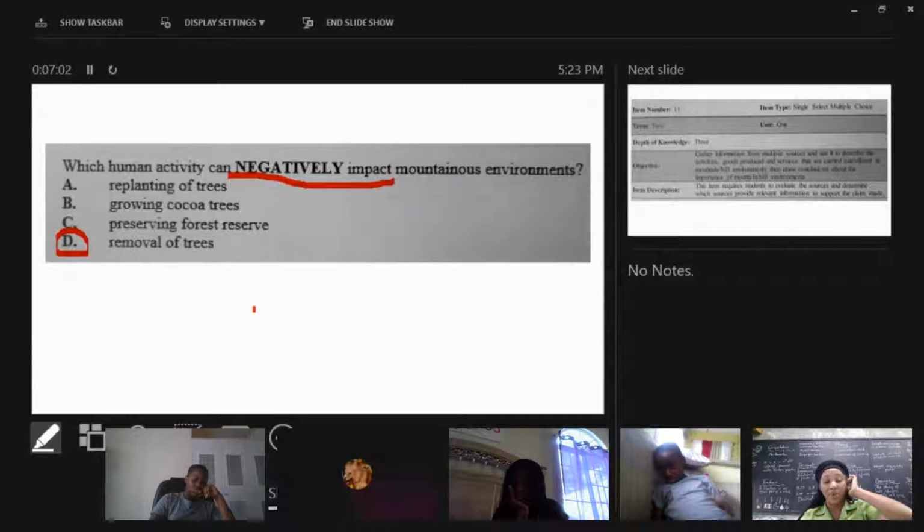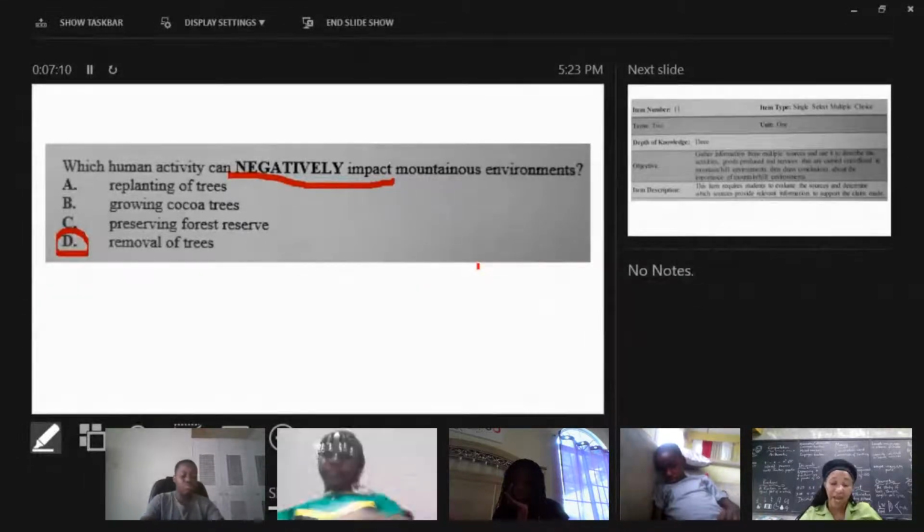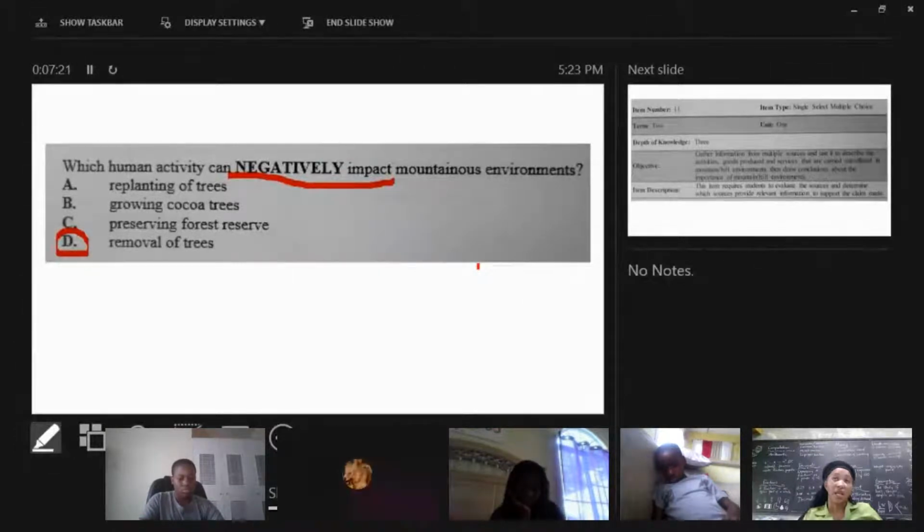Not only, well, remember the trees provide so much in terms of resources. It's also habitats. Trees are habitats for animals, from tiny microscopic organisms to larger animals. They would lose their habitat if we remove the trees.